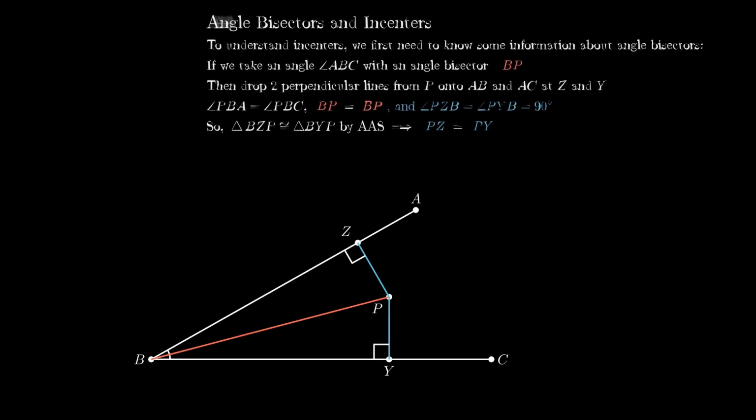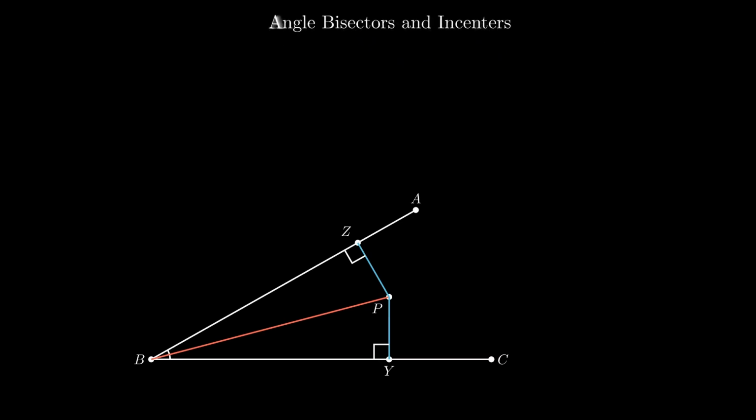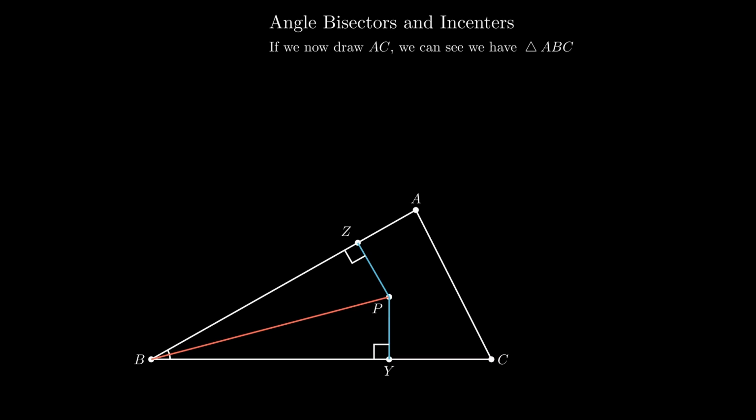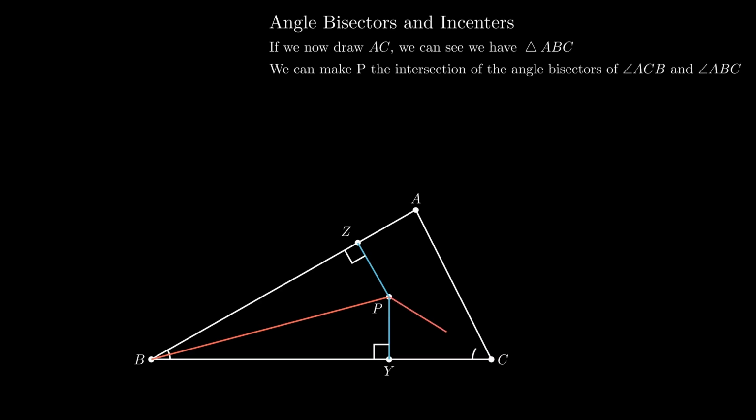So if we now complete this diagram and draw AC, we now have triangle ABC. We can make P the intersection of the angle bisectors of angle ACB and angle ABC, as two lines must always coincide at some point. Drawing PX like we did PZ and PY, we can see that PX is equal to PY is equal to PZ.